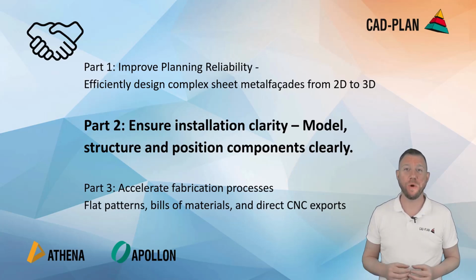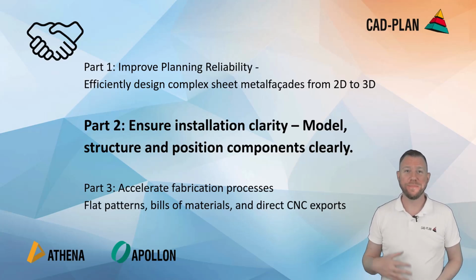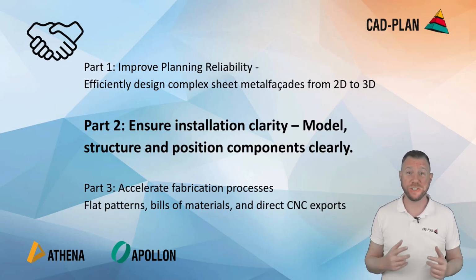You saw how components can be structured clearly and combined in a clean and logical way. This resulted in a transparent and well-defined planning foundation. Key details and connections were defined to ensure a smooth and reliable implementation.